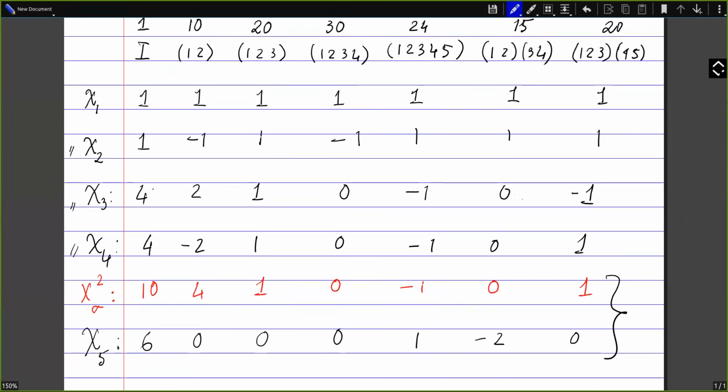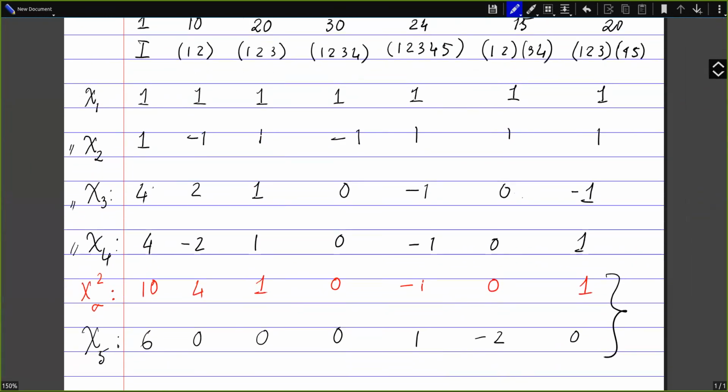Okay, so far so good. I hope that there is no mistake in what we have seen so far. Just let me make sure for a moment. Minus 1, 0, 1.